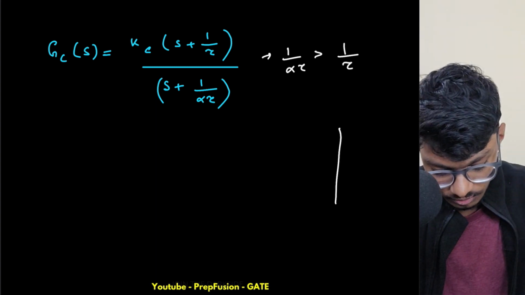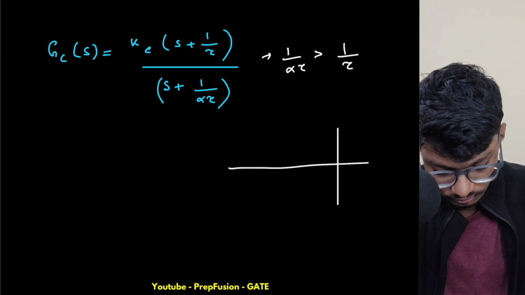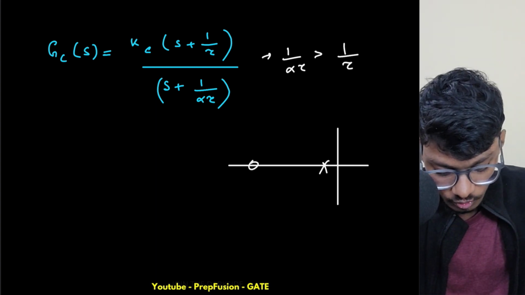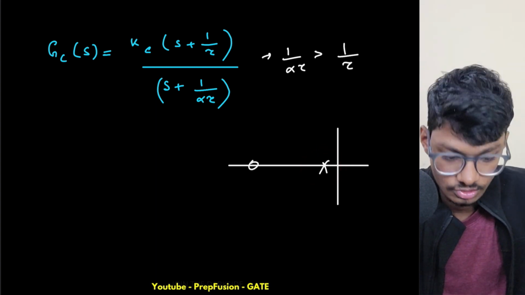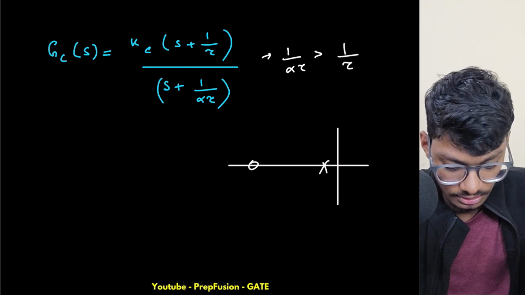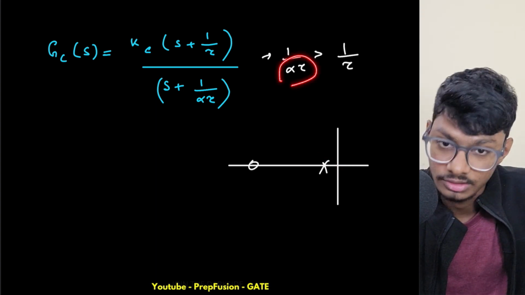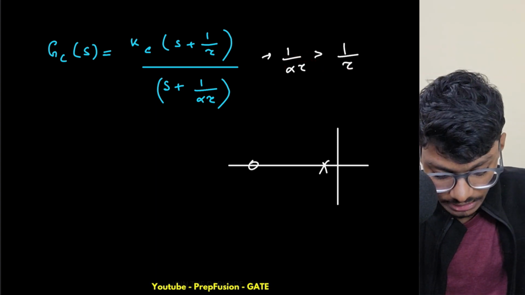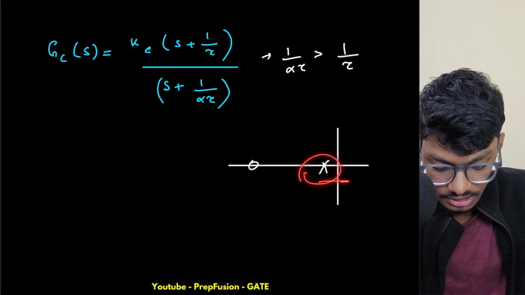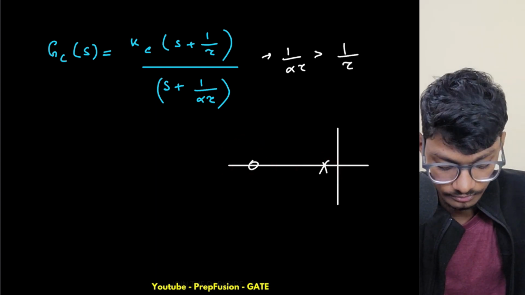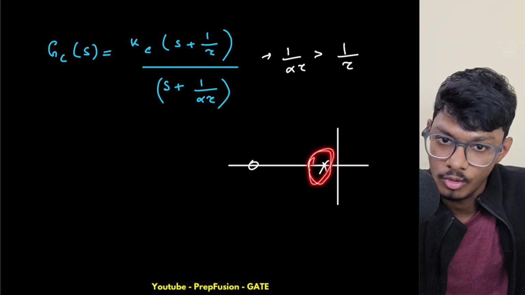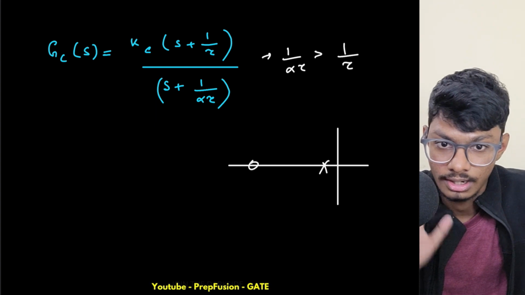Let me draw the pole-zero diagram. The pole will be further and the zero will be closer. That means the zero is nearer to the origin than the pole, so it will be more dominant, and it will give more phase lag.